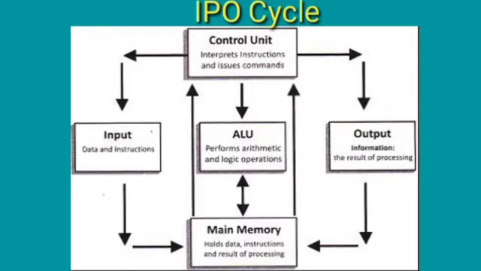Once it is processed by ALU, it is stored in the main memory of the computer, which holds the data for processing, and then the output is delivered to the user with the help of output device, which is the result, or you can say the information given to the user after processing of the data and instruction. Output devices can be many. The common output devices are monitor, printer, speaker, projector and plotter. So this is all about the IPO cycle, how it works.